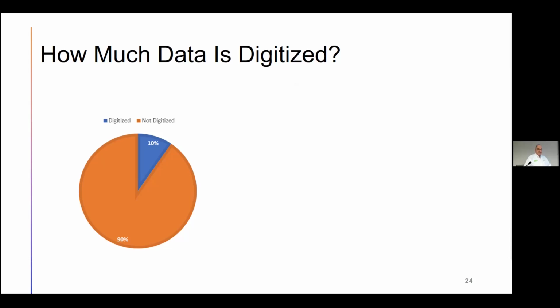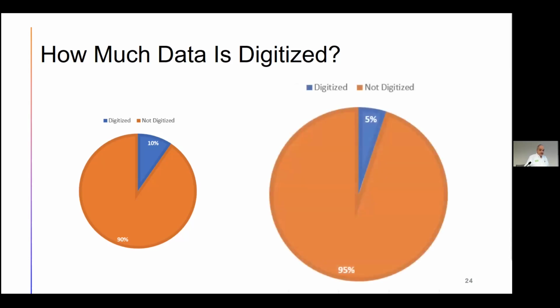The problem they found is every time they found an item to digitize, they found 2 more that weren't even in the pie. So now, after 10, 20 years of super heroic work, and there's tons of stuff in all of these sites, they now say, we've only got 5%.